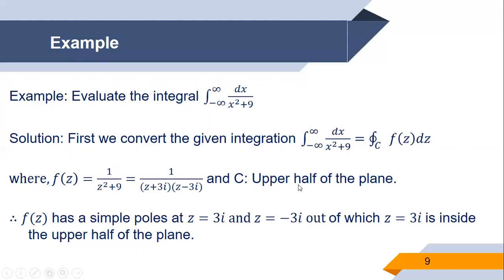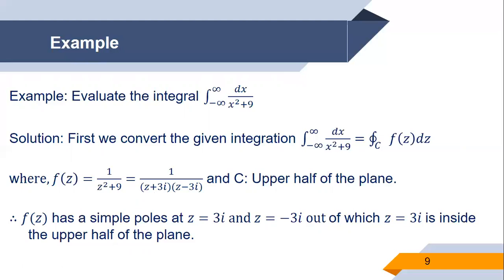Now, first we check whether this function is analytic or not, at which point the function is not analytic, and whether that point is inside the given curve or not.